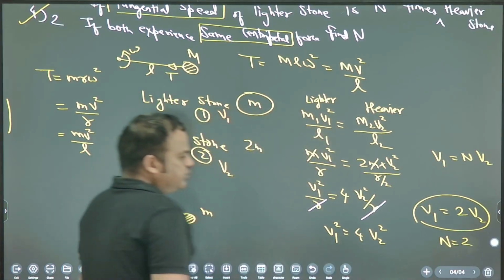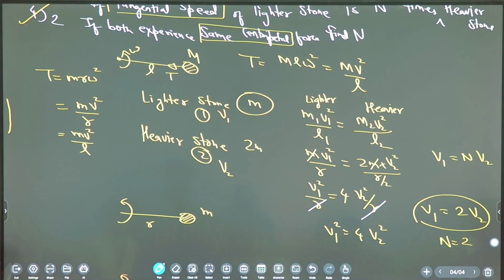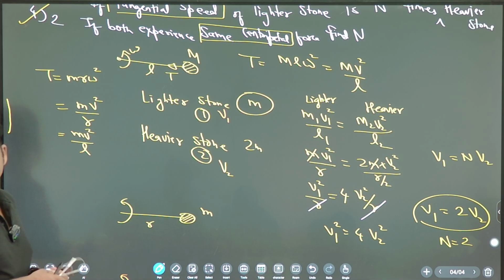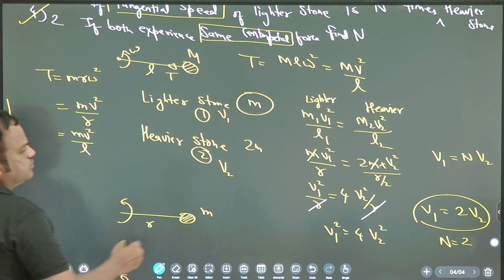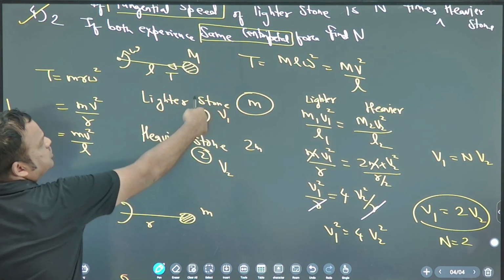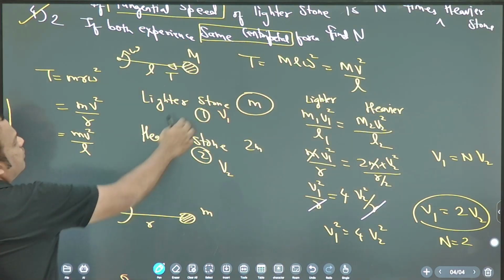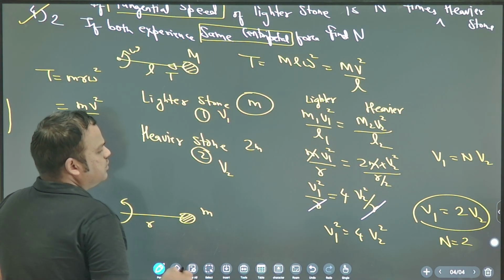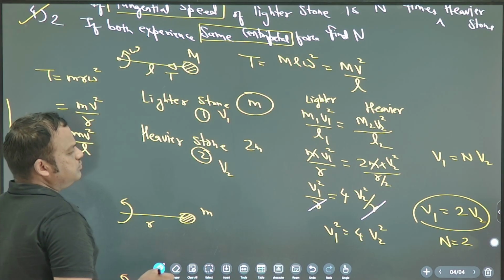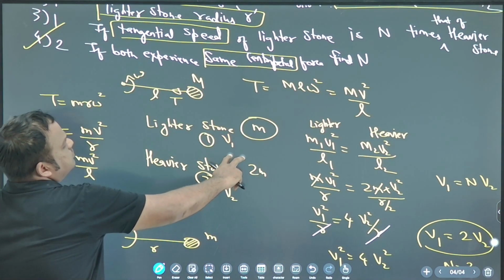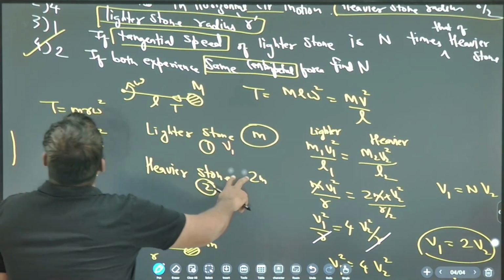So n is equal to 2. Okay, clear? Done? Everyone? Tell me any doubt? For V1 square, 1 means the lighter stone. See, the answer is 4.